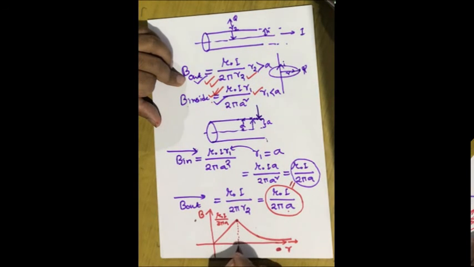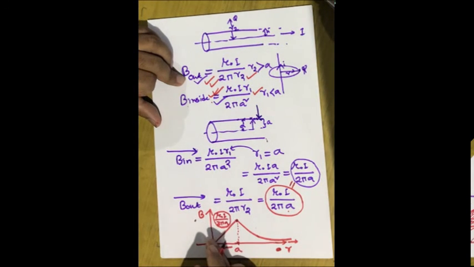So you see at the surface of the wire, when R is equal to A, the value of magnetic field is maximum, mu naught into I divided by twice pi A. As we move away from the wire, the value of the magnetic field will decrease. Similarly, as you approach towards the axis of the wire along this direction, the magnetic field will also decrease.